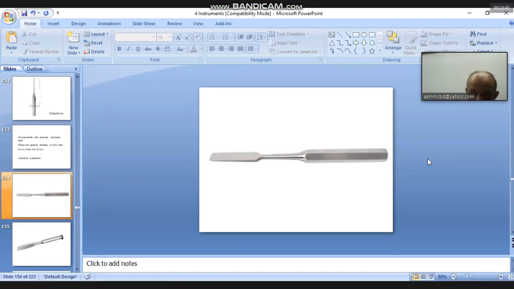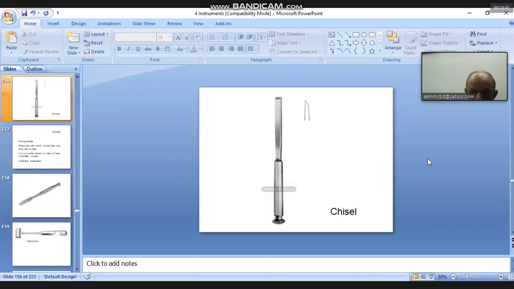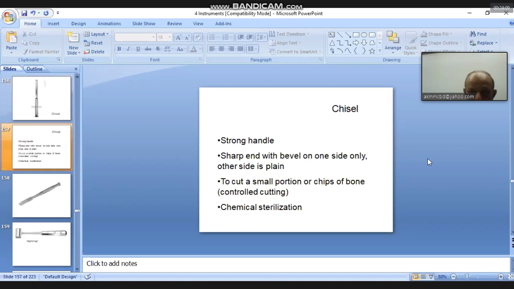It is a sharp instrument and it should be chemically sterilized. This is osteotome, this is chisel. Then the chisel, strong handle, sharp end with bevel on one side only, other side is plain, to cut a small portion of chips of bone, control cutting. It is a sharp instrument and it should be sterilized chemically.